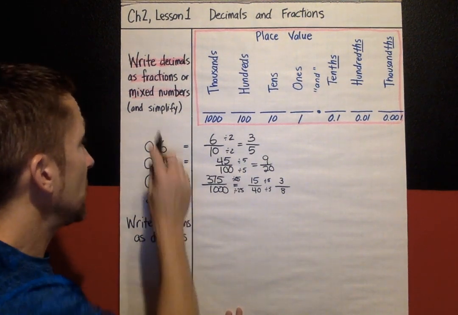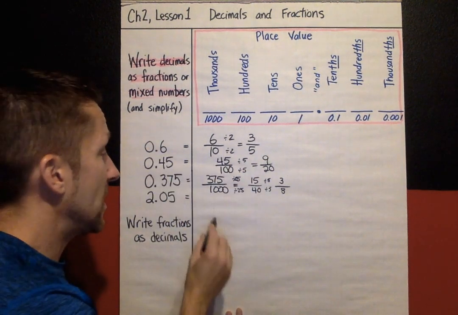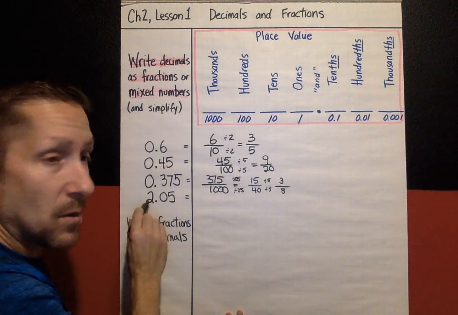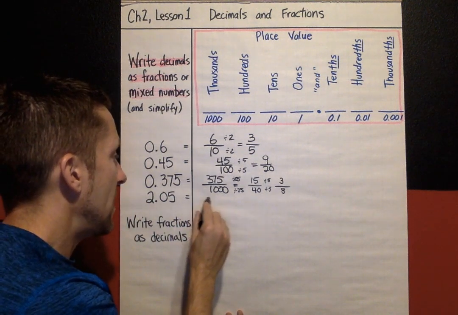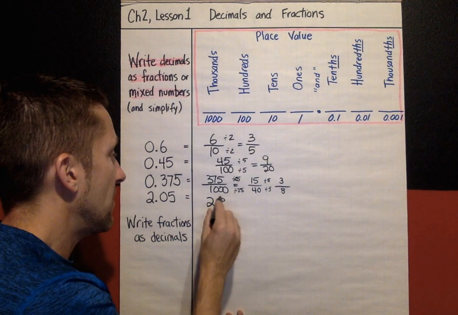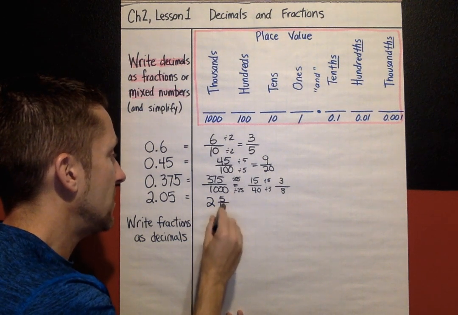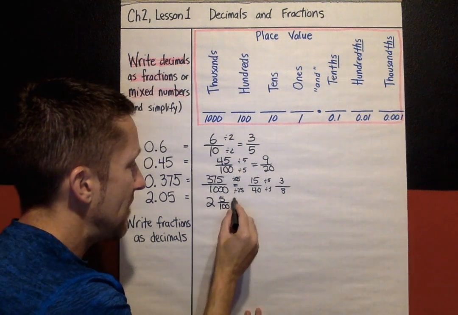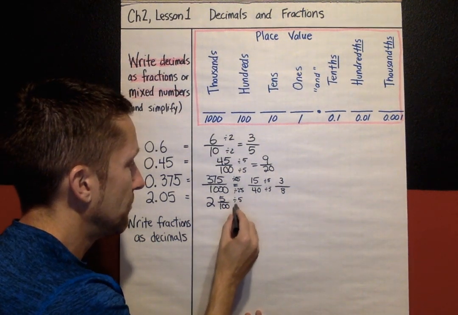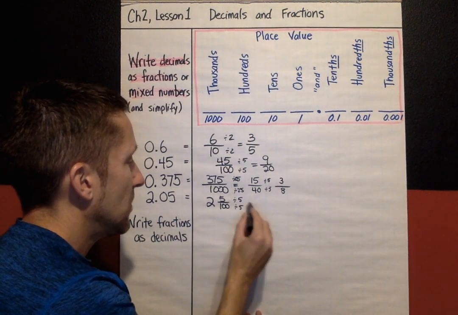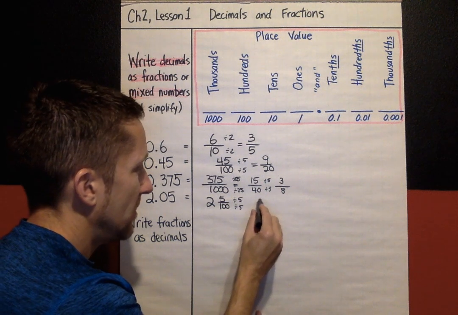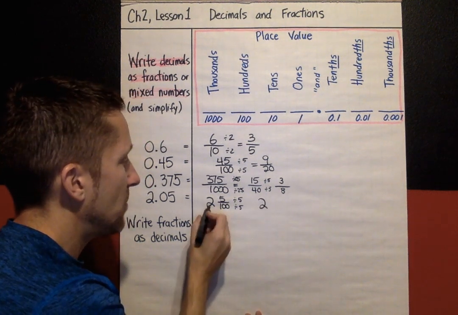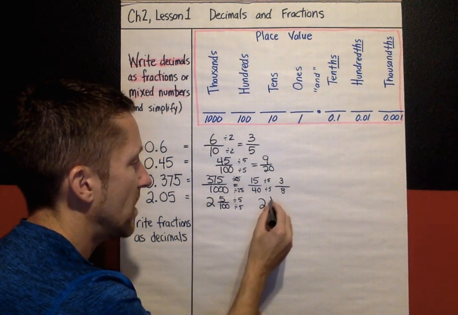So this is actually a mixed number. These are just regular fractions, but because this has a whole number 2, I would write it 2 and 5 hundredths. And 5 goes into 5 and 100. So my simplified fraction would be 2 and 1/20.